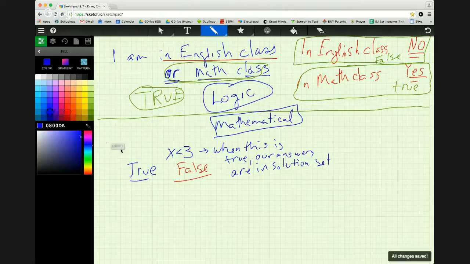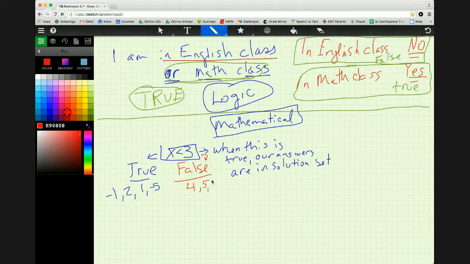So some numbers for x is less than 3 are 2, 1, -5, -1. All of these numbers make our sentence true. So what makes this false? Numbers like 4, because 4 is not less than 3, 5, 6, 3.5, and even 3 is not less than 3.